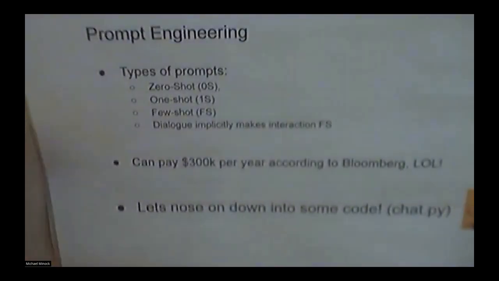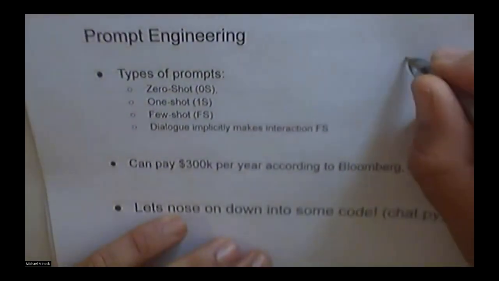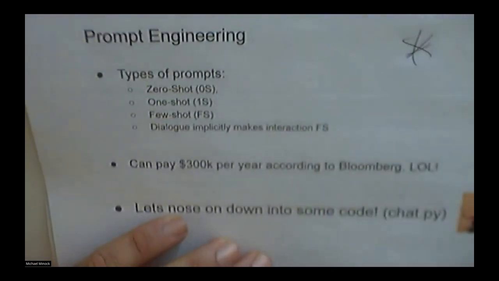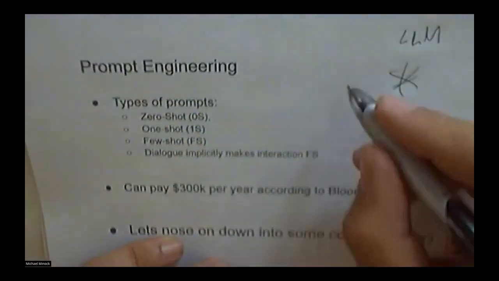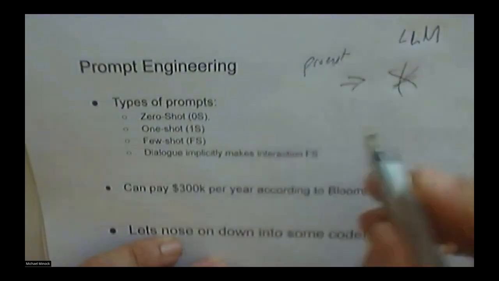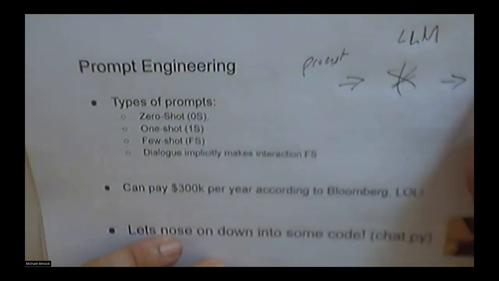As far as prompts go, the idea behind the prompt is you have the frozen LLM, and then you concoct a prompt to get the best you can out of it, and then you get some kind of response.